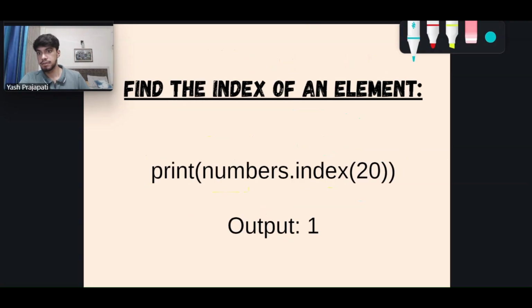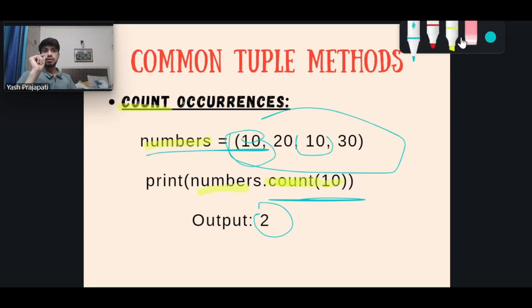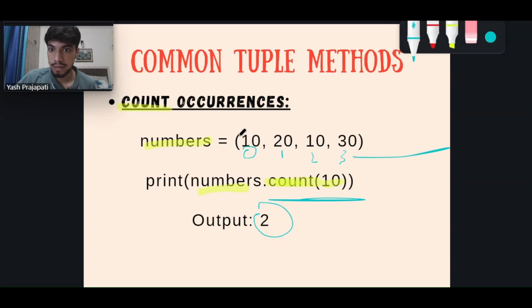Similarly, there is one more method, finding the index of an element. What is the index? The index is the position of each element we initiate. In Python we use indexing from 0.